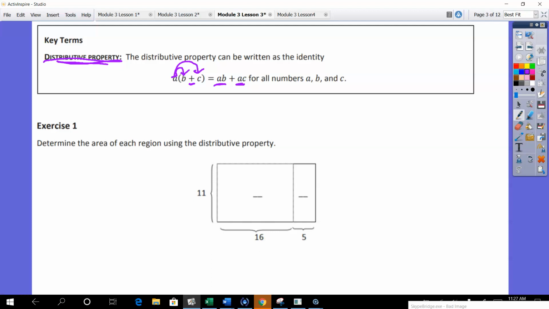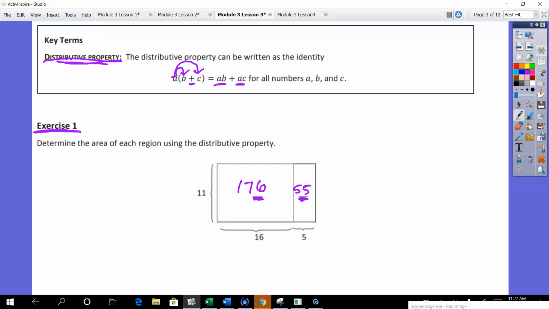Okay, so we are determining the area of each region using the distributive property. It is an exercise, so go ahead and determine what this region would be, and what this number would be in the box. Okay, so 11 times 16, you should have gotten 176, and 11 times 5, and you should have gotten 55.